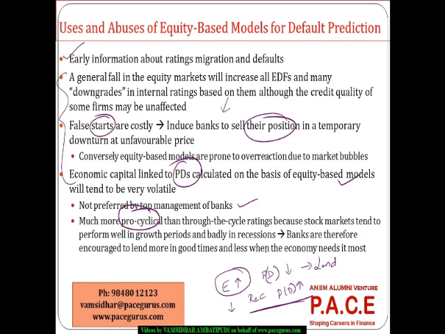So there is no point in lending during the recessionary period. But that is where more lending is required to boost the economy back to the original situation. So that's one of the major limitations that we could see with the application of equity based models for the prediction of default.